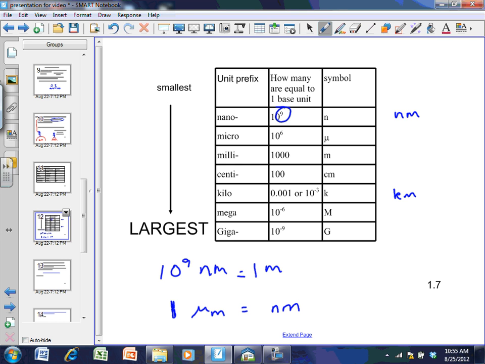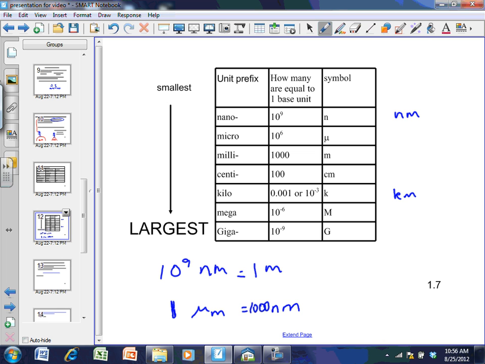Well, there's a difference of 10 to the 3. See, here's 10 to the 9 nanometers in a meter, 10 to the 6 micrometers in a meter. So there's 1,000, or 10 to the 3, nanometers in a micrometer. It's usually easier to go to the base unit first, and that's what I tell my students to do, and then go from one to the other.